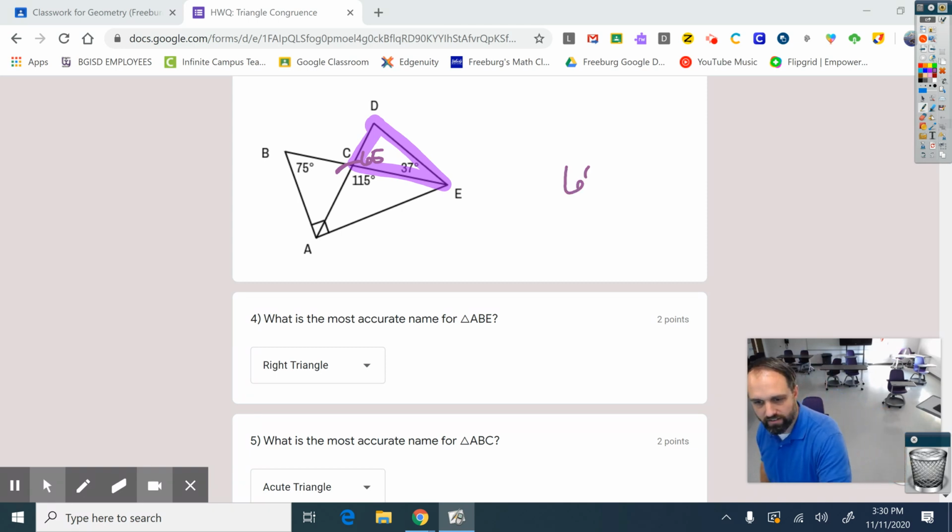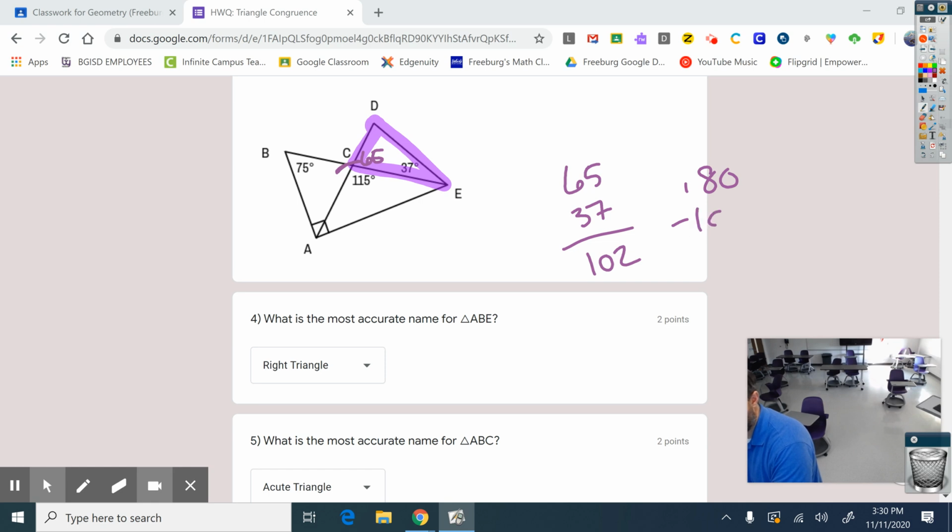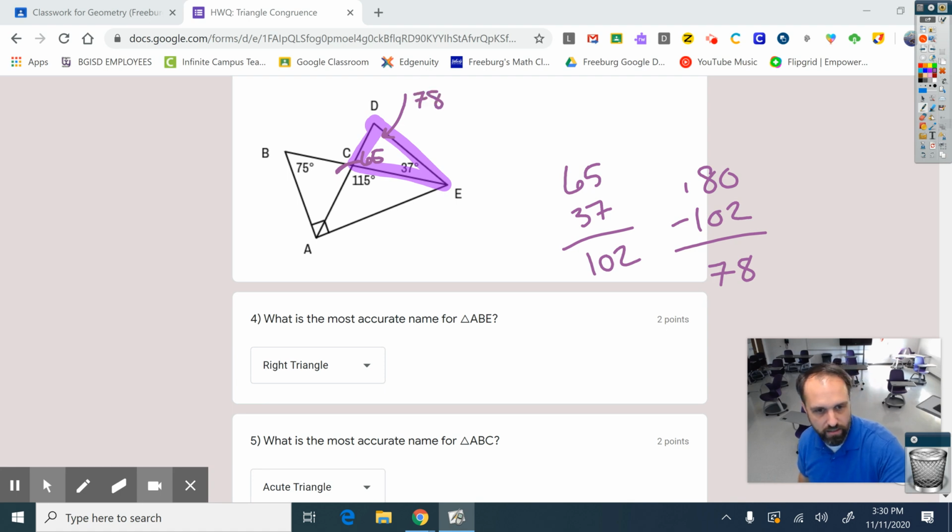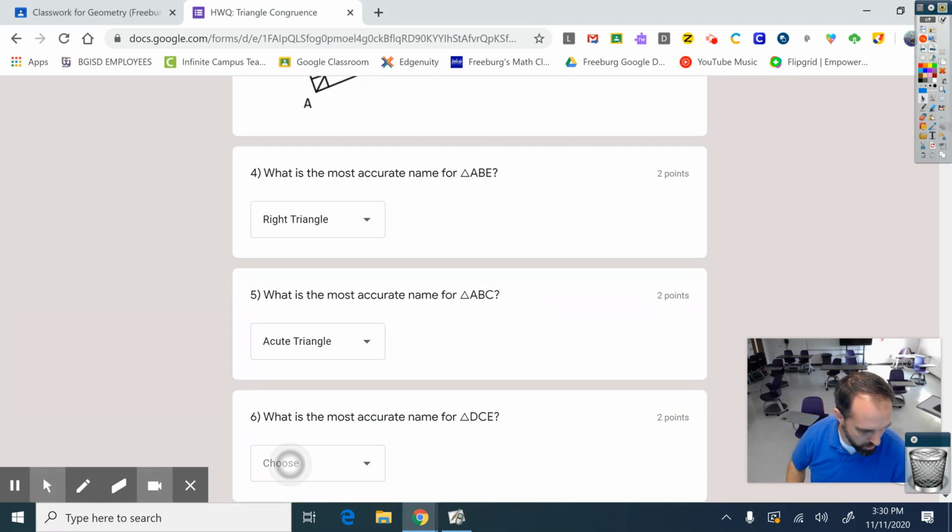And then 65 and 37 gives us 102. So 180 minus the 102 gives us a remaining 78. So this up here must be 78 degrees. And once again, all of these are less than 90 degrees. So we are left with an acute triangle one more time. Okay, good job with that.